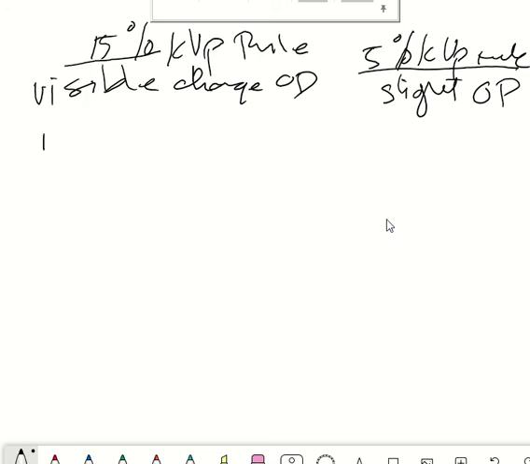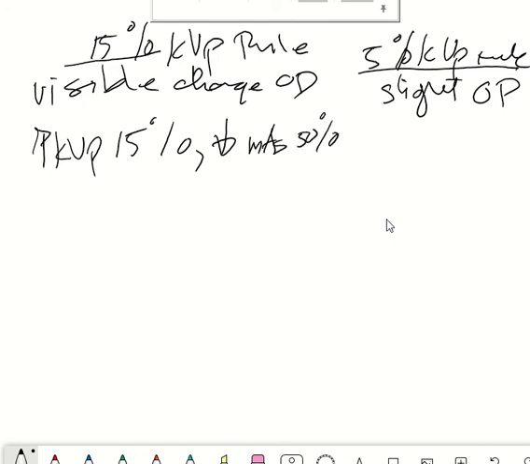So, when we say 15% kVp rule, when you increase the kVp by 15%, you need to decrease the MAS by 50%, so that you will have an acceptable optical density.